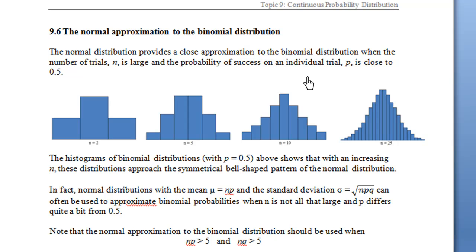P is close to 0.5, but in fact, a normal distribution with mean mu equal to np and standard deviation sigma equal to the square root of npq can often be used to approximate binomial probability when n is not that large and p differs quite a bit from 0.5, as long as np is greater than 5 and nq is greater than 5. And we also have to do some continuity correction.